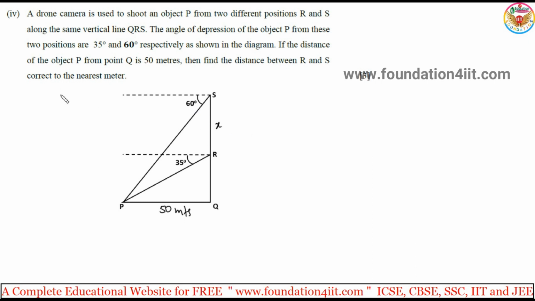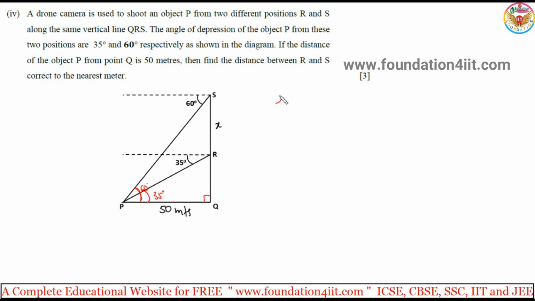Now there are two right angle triangles. If it's 35 degrees, this is also 35 degrees. This is 60 and this entire angle is also 60 again. Let us take two triangles. First the right angle triangle PQS, this biggest triangle.